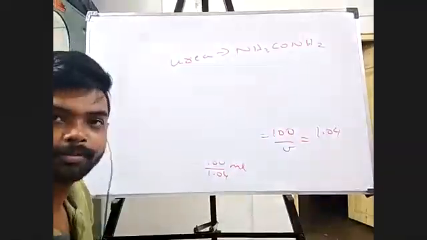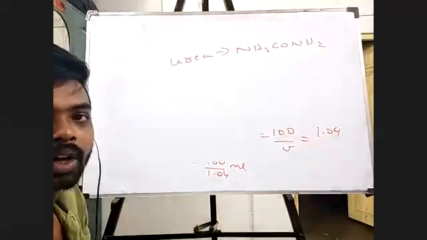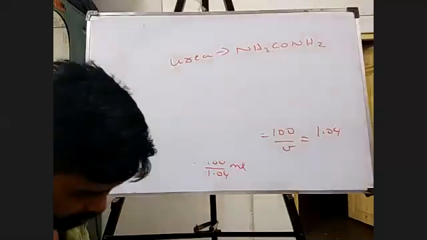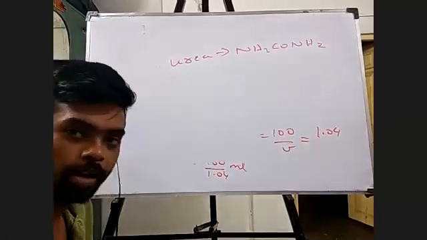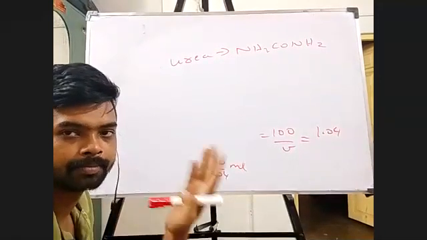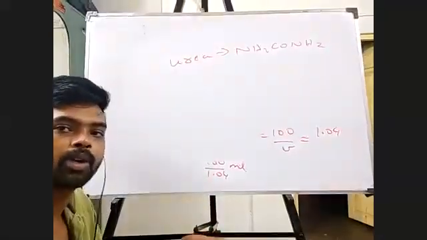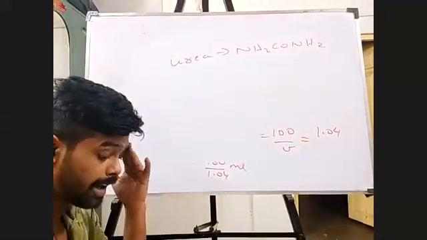This is the formula for urea. Yes, now you can do the problem. It is very, very similar to the previous problem, isn't it? Please do it, quickly do it. I have to find only one thing, I have to find the molarity.